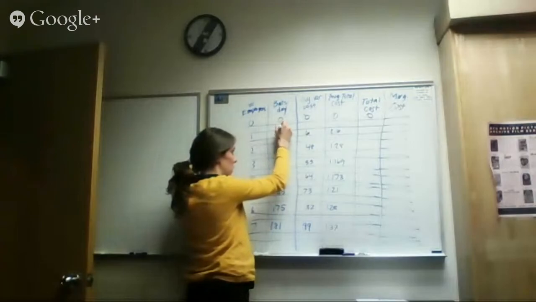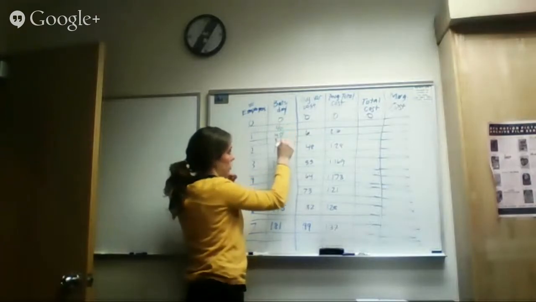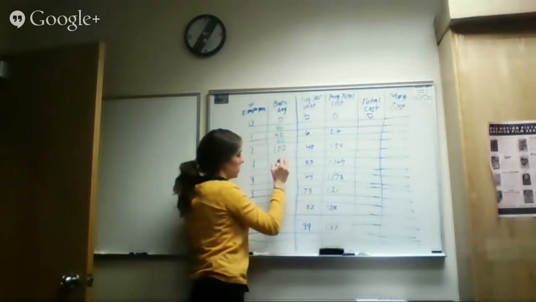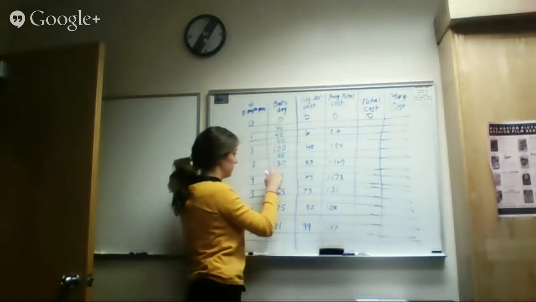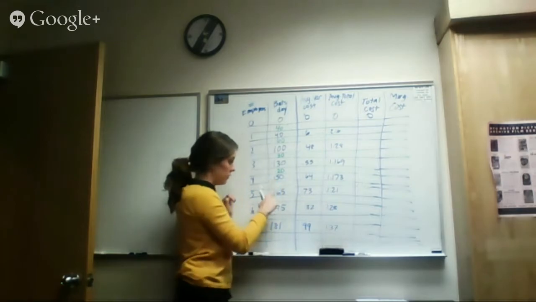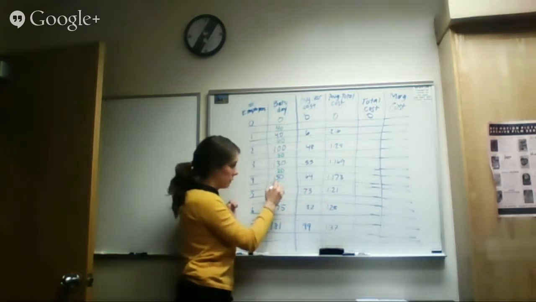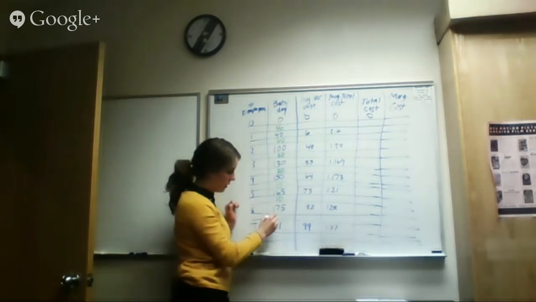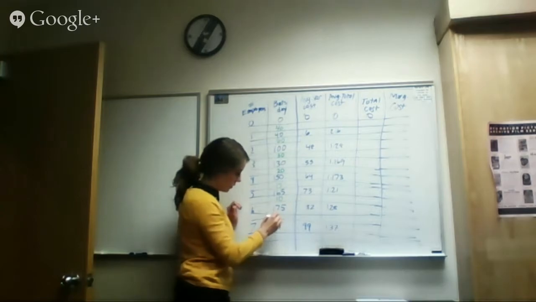So 0 to 40, we're increasing 40, 40 to 100, we're increasing 60 per day, 100 to 130, we're increasing 30 per day, 130 to 150, we're increasing 20 per day, 150 to 165, we're increasing 15, 165 to 175, we're increasing 10, 175 to 181, we're increasing 6.